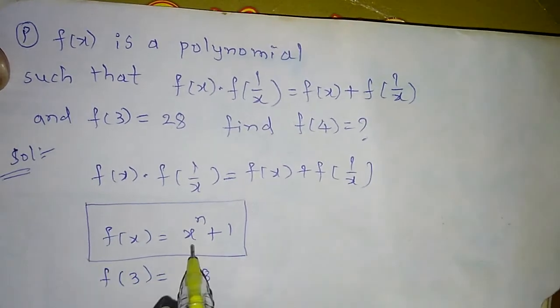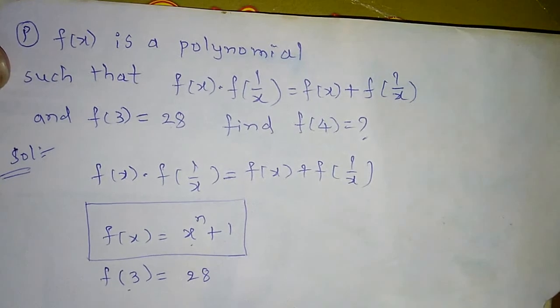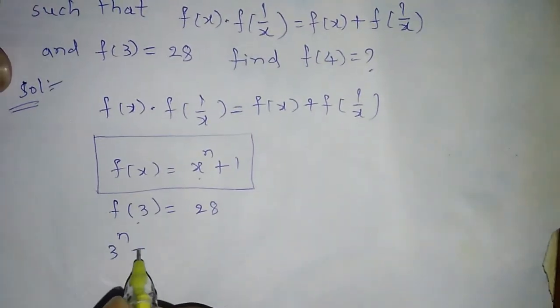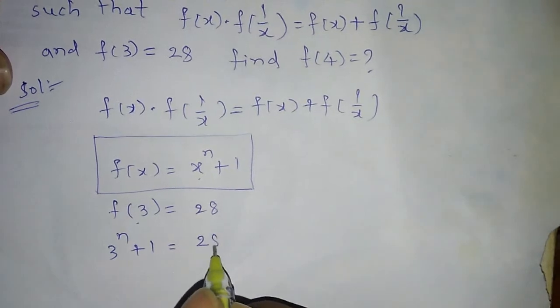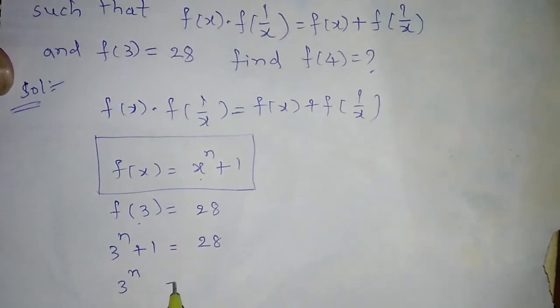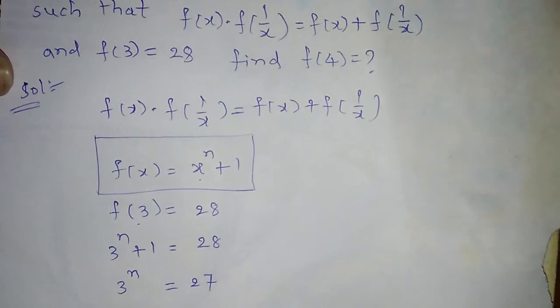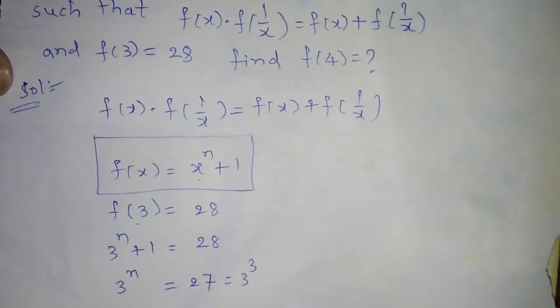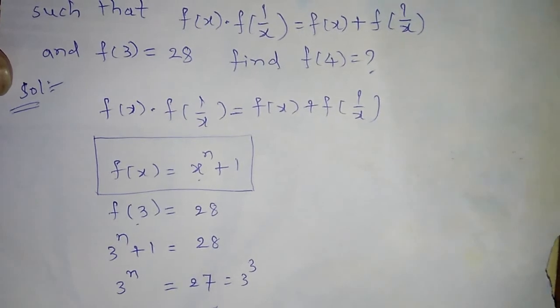So f of x is x power n plus 1, right? F of 3 means put x is equal to 3. 3 power n plus 1 is equal to 28. 3 power n is equal to 28 minus 1 is 27. So 27 can be written as 3 cube. Implies, comparing, n is equal to 3.